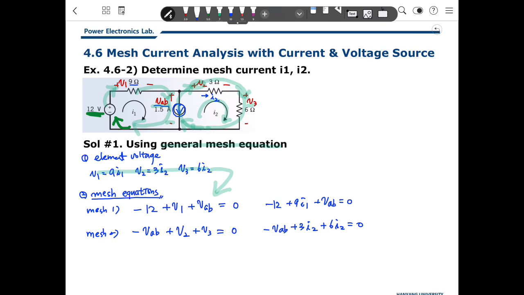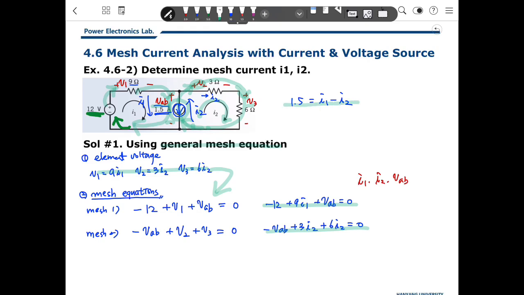How many unknown variables are here? There are 3 unknown variables. What are they? I1, I2, and VAB. But we have only 2 equations. So we need more equations. How to get that? That is based on the current source here. So we get 1.5 will be I1 minus I2.